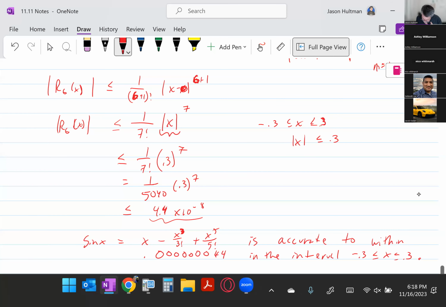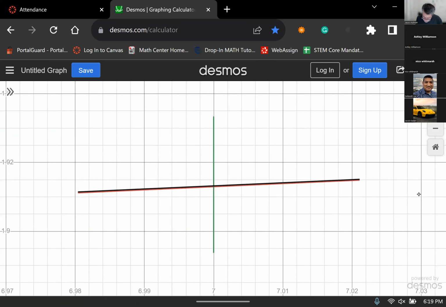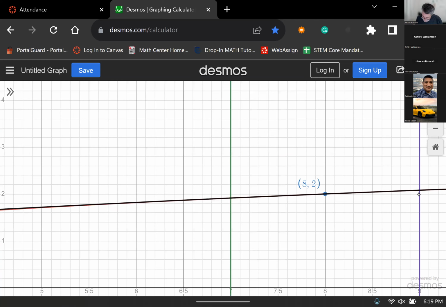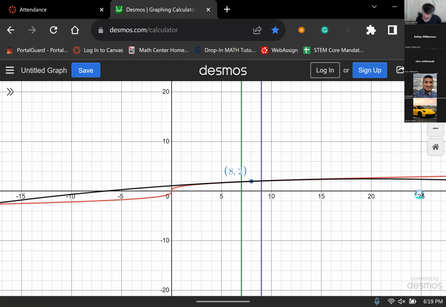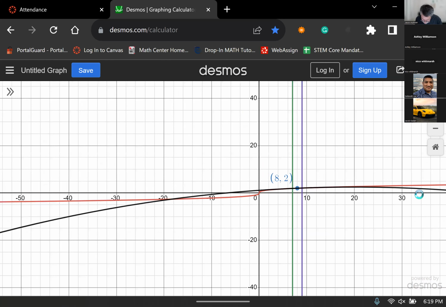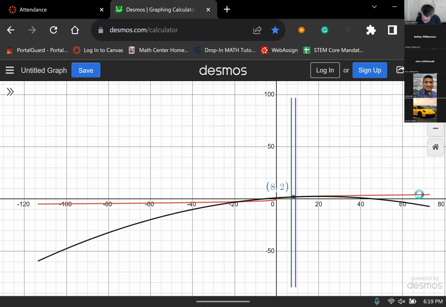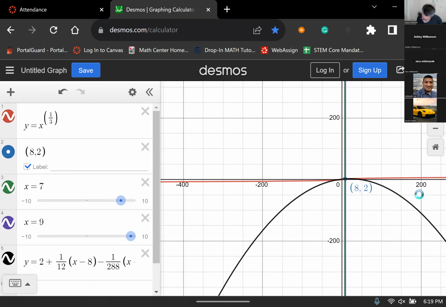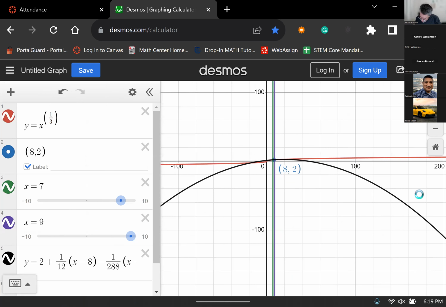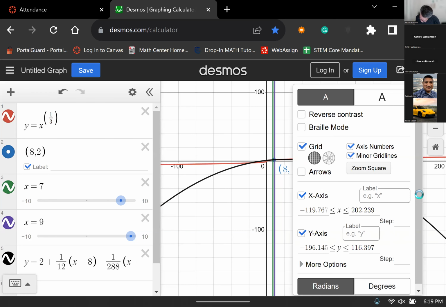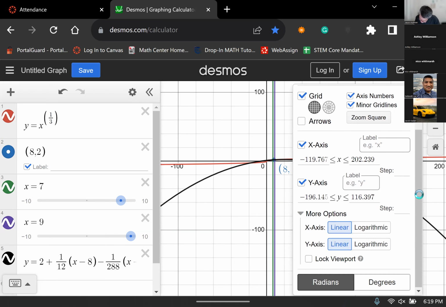So what does this look like if we were to graph it? Again, we've got sine x. I've got to zoom out of that. Let's see if we can get more options.